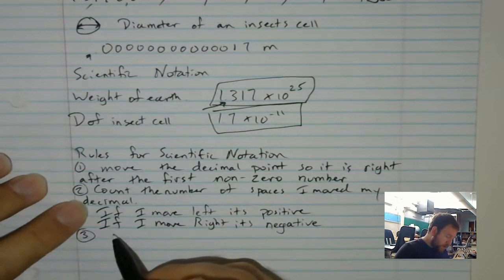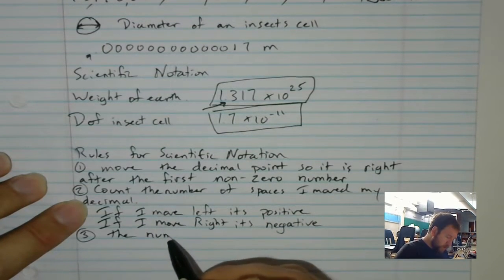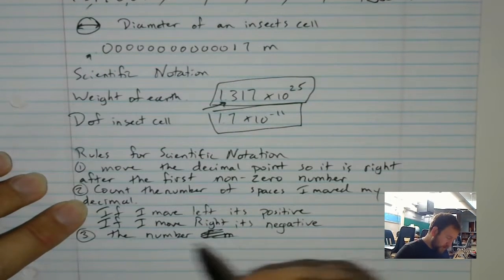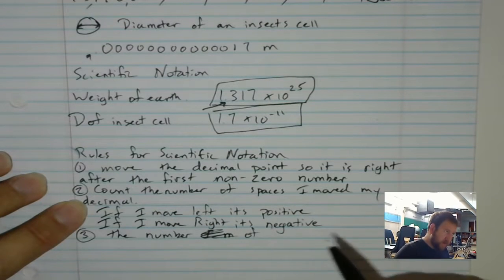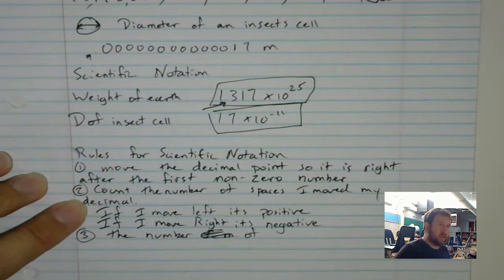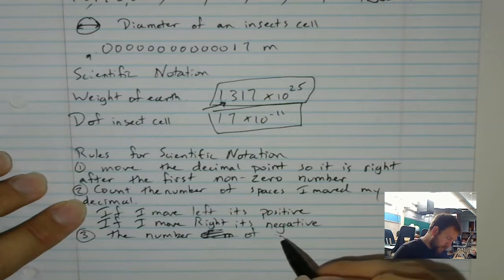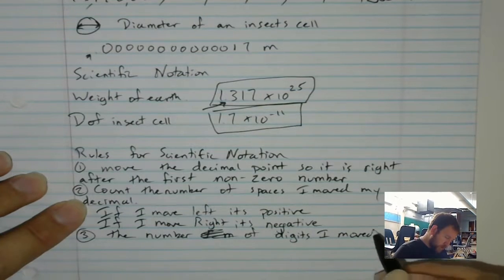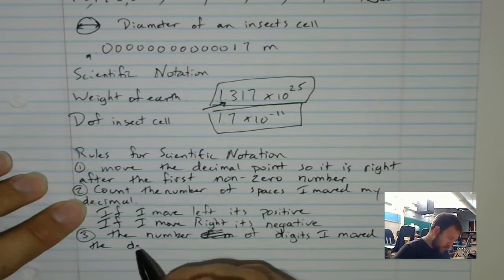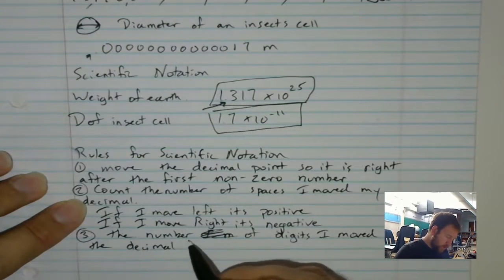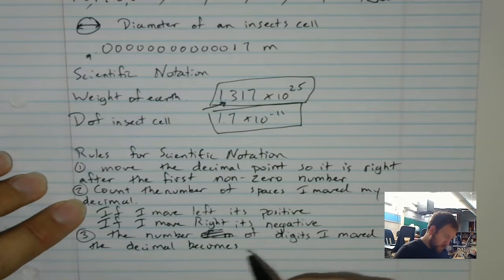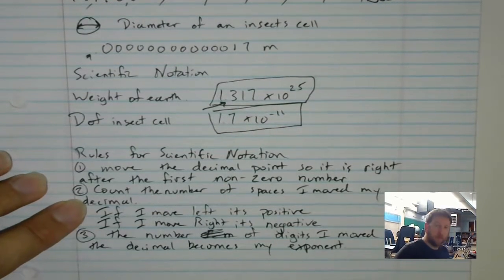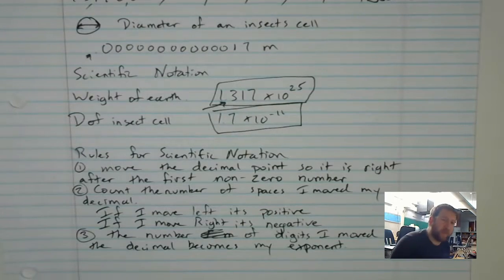So the number of digits I moved the decimal point becomes my exponent. Okay, kind of.